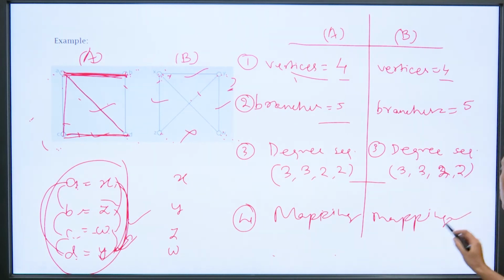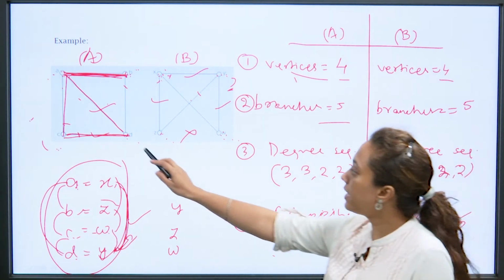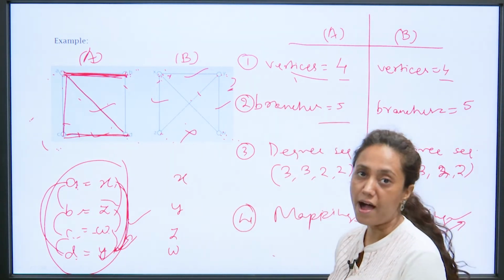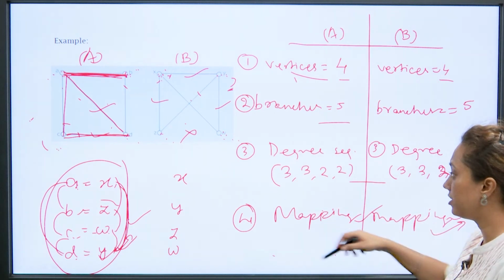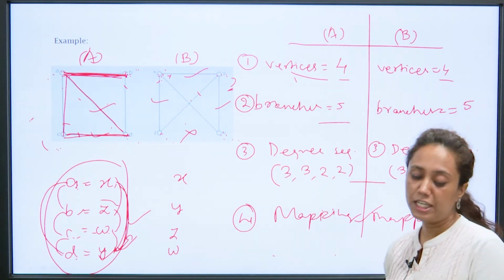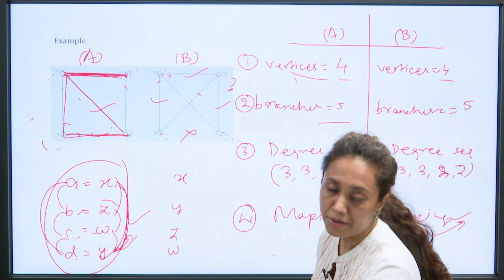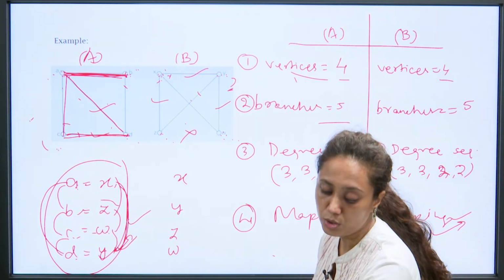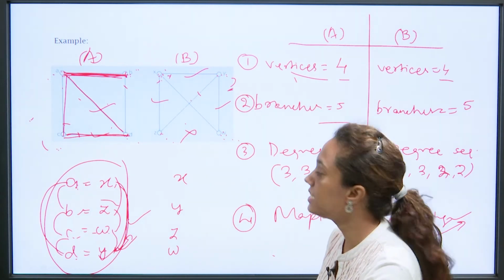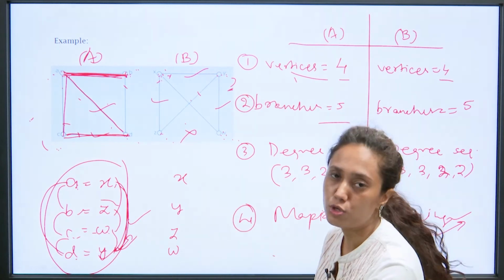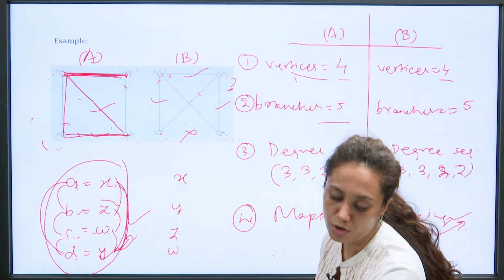All 4 criteria, all 4 conditions, are completed. So, we can say yes, the A graph and the B graph are both isomorphic. By having this concept, we can identify the isomorphism property or comparison between two graphs. Even for a very complicated graph, we can say whether it is isomorphic or not.